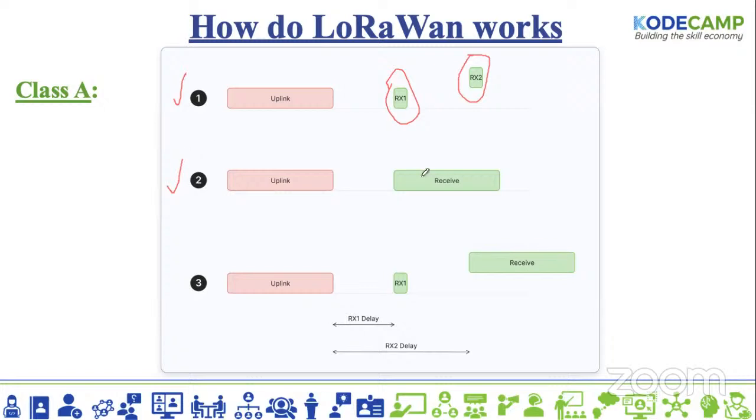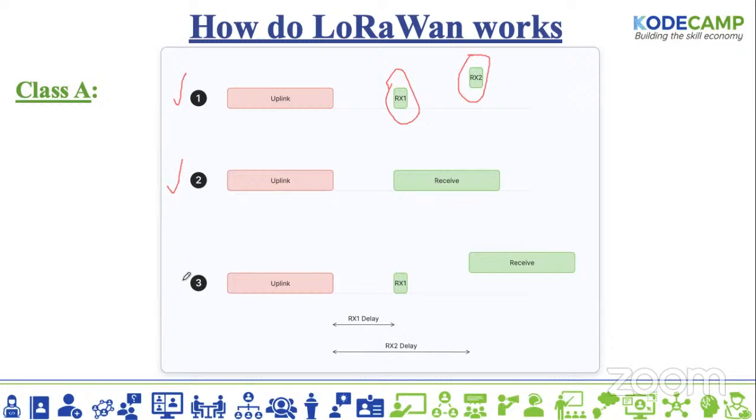If any message misses this first receive window, it has to wait. There will be no other window for it until after the next uplink. That's when the next window is going to happen.